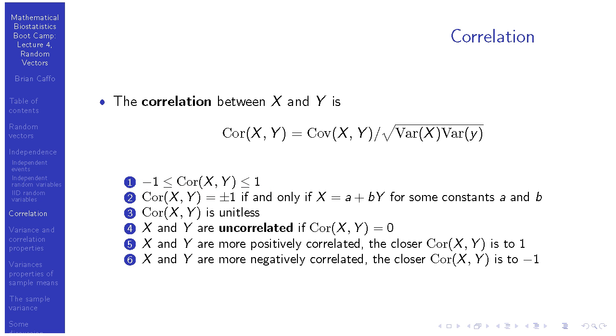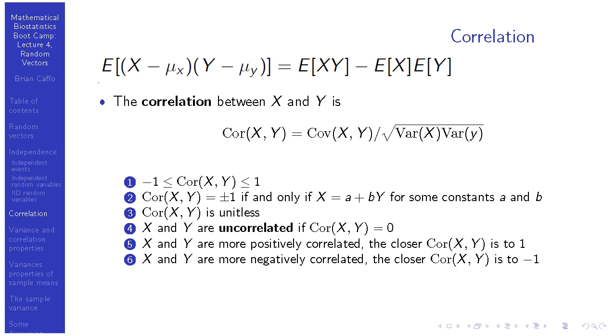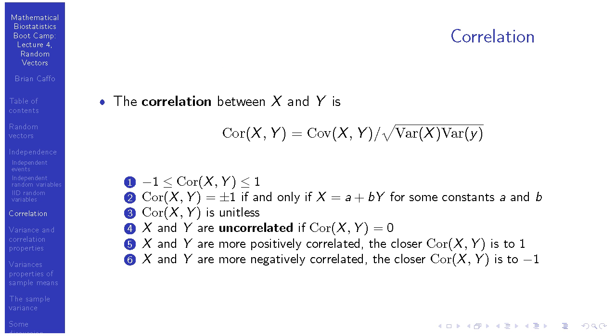Now, another rationale for doing this is if we look back at our covariance formula, right, it's expected value of x minus the mean of x times y minus the mean of y. Well, that has units of x times units of y, right? So the top part of the calculation has units x times units y. The standard deviation of x has units of x, and standard deviation of y has units y.